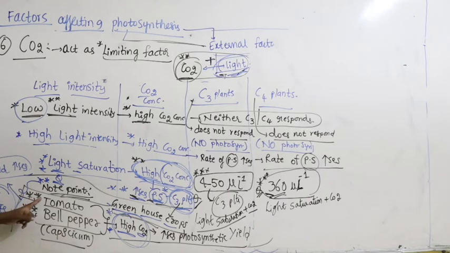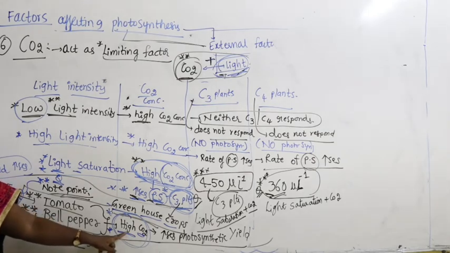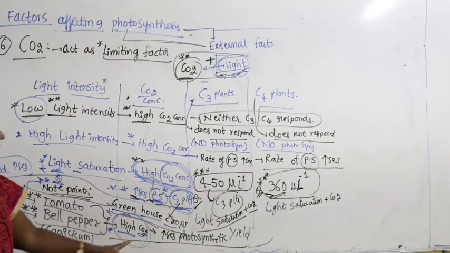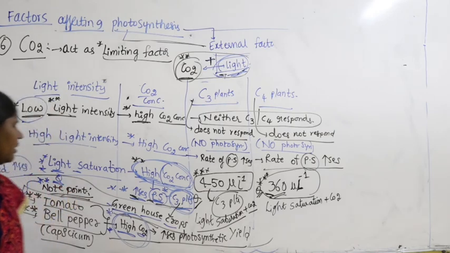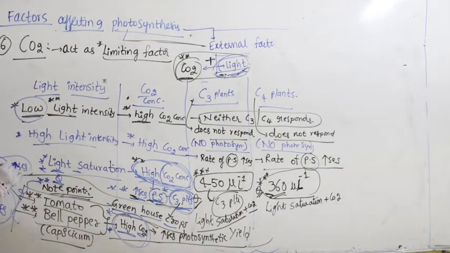Which C3 plants? Tomato and bell pepper. Bell pepper is commonly called capsicum. In the surrounding they provided high carbon dioxide concentration. When they observed, it increased the photosynthetic yield. So they were able to get more yield, more tomatoes and more capsicum, from these two greenhouse crops.